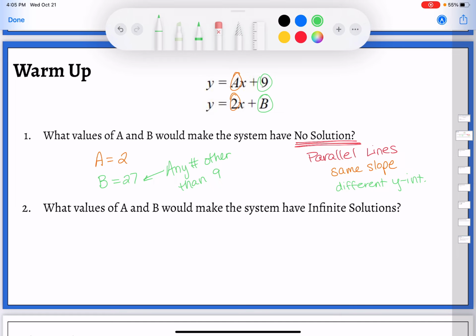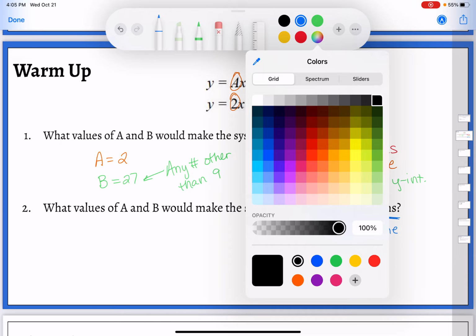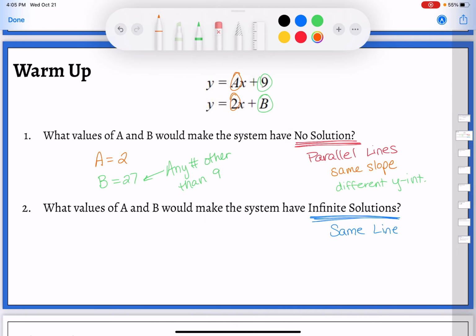Now, the second part says what values for A and B would make the system have infinite solutions. If we remember from yesterday, infinite solutions was when we had the same or overlapping lines, right? And if I'm going to have the same line, that means the equations have to be exactly the same. So that would be same slope and same y-intercept.